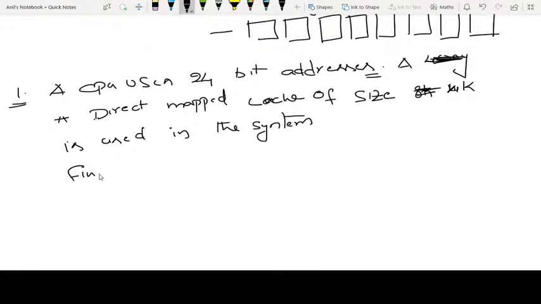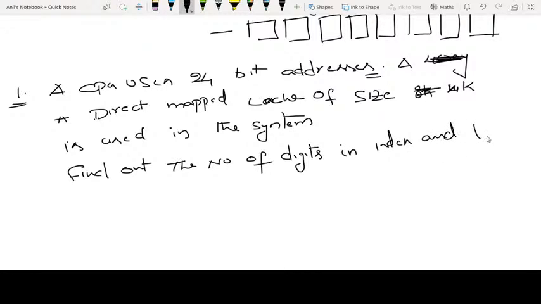Find out the number of digits in index and tag positions.